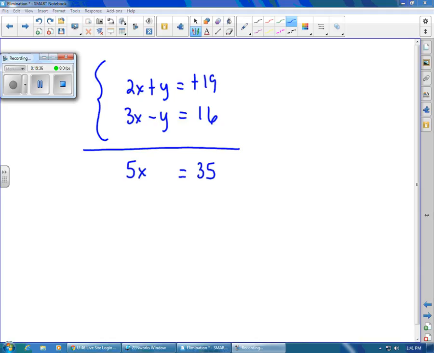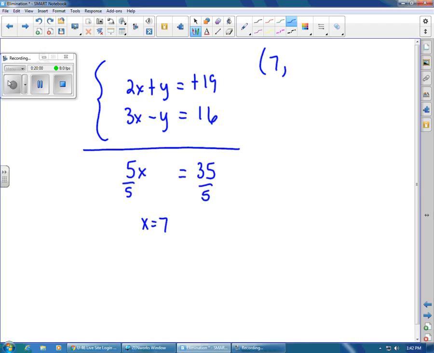Now to solve for x, one step should be easy peasy lemon squeezy. Go ahead and pause the video. Make sure that you are able to do this on your own. And x equals 7, so you're halfway there.